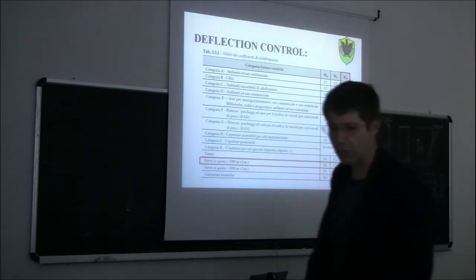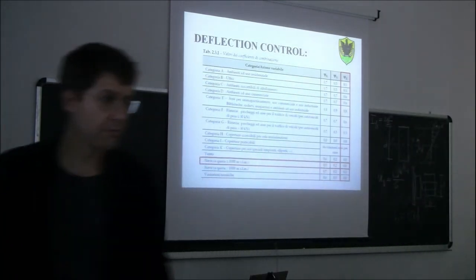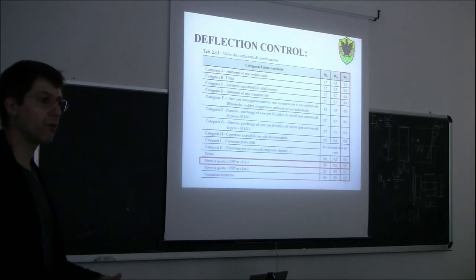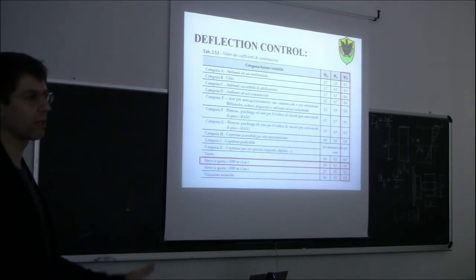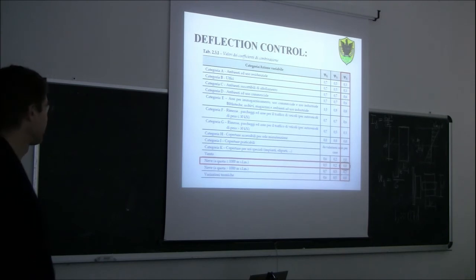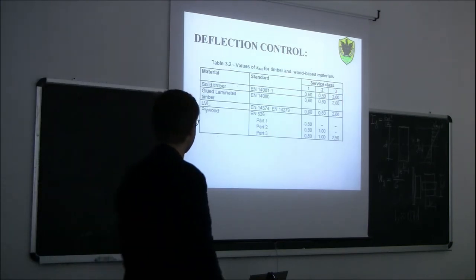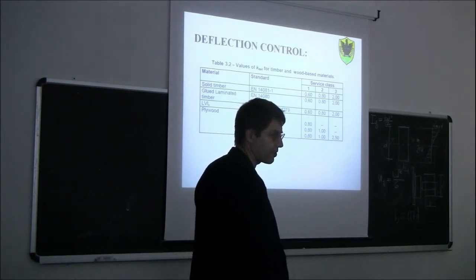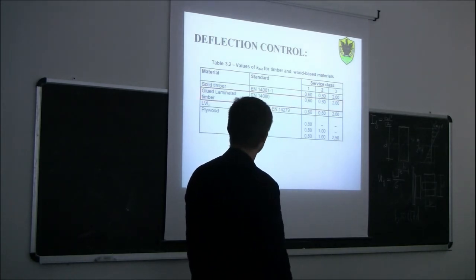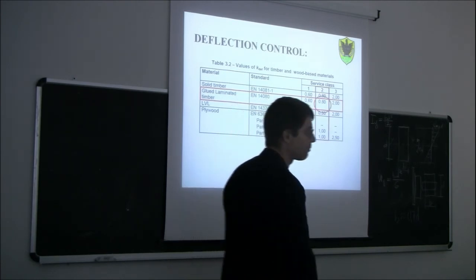So if we have snow as the only variable load, basically the whole snow is considered as a frequent load combination and nothing as quasi-permanent. Value of kdef is the creep coefficient. Glue-laminated timber, service class 2, value 0.8.